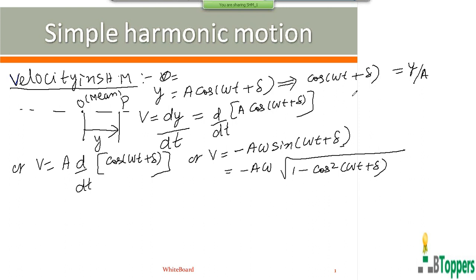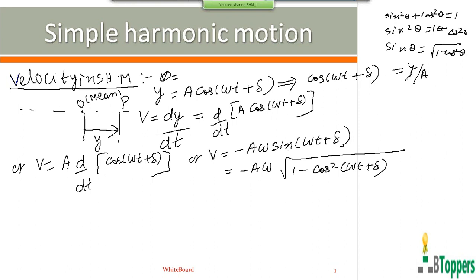As you studied in elementary trigonometry, sin square theta plus cos square theta equal to 1. So sin square theta can be written as 1 minus cos square theta, or sin theta as root of 1 minus cos square theta. All this you must be familiar with.